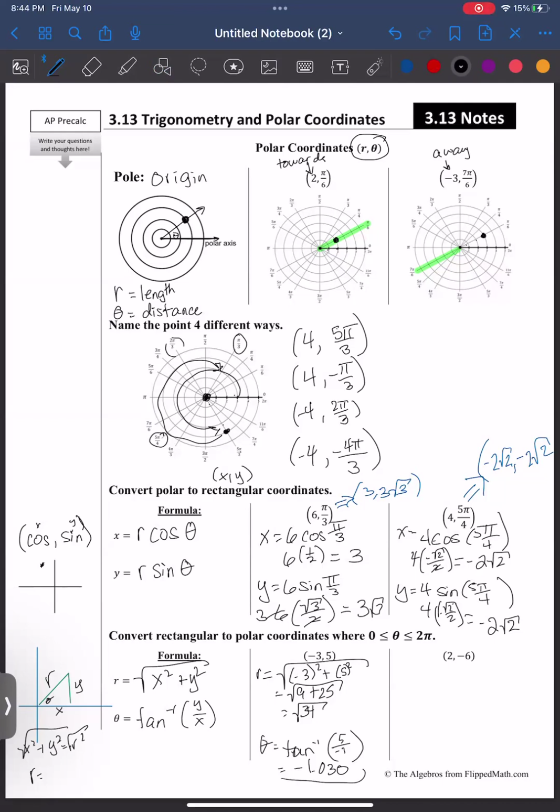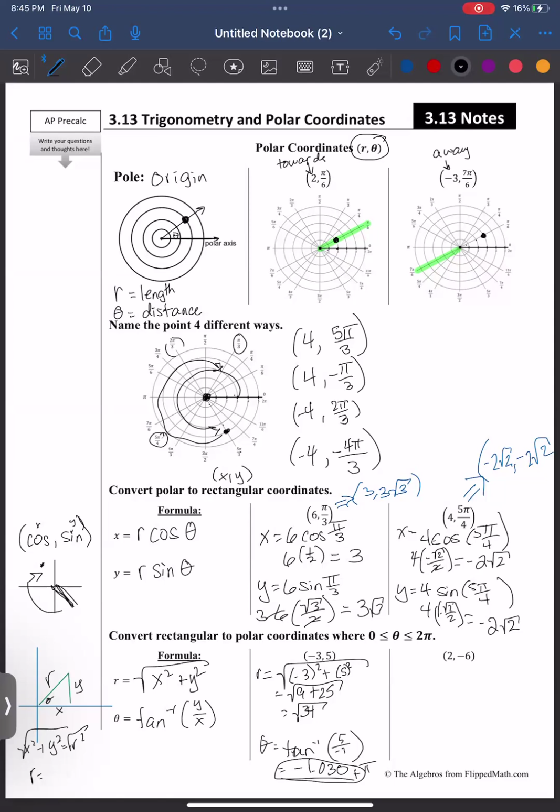But this tangent value actually exists somewhere in quadrant 4, which doesn't work for me. I need it to be in quadrant 1 or quadrant 2. So in order for that to happen, I need to do a complete 180, so I need to add pi to that value.